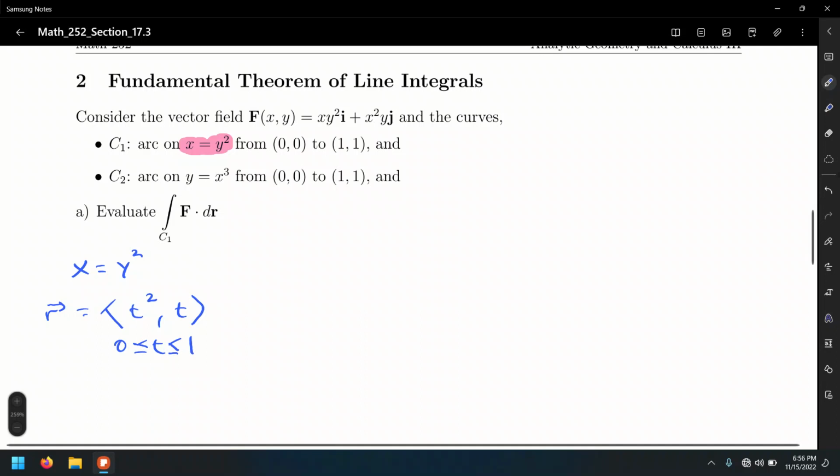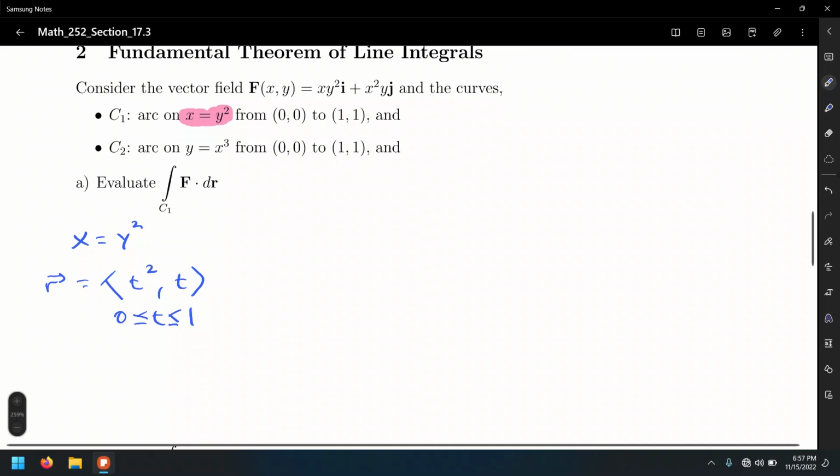Of course, you can parameterize the curve x equals y squared into something else, using exponential functions, trigonometric functions, you name it. However, let's keep it easy, just letting t be our independent variable. That's because we also get the limits 0 to 1, and you know how easy it is to integrate between 0 and 1, right?